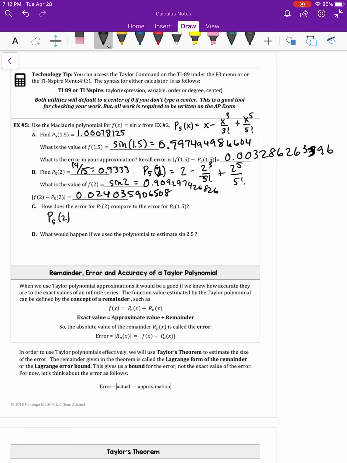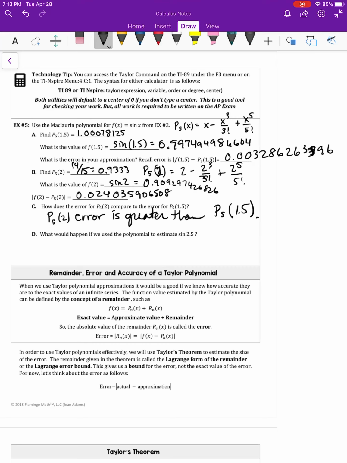How does the error for p sub 5 of 2 compare to the error for p sub 5 of 1.5? So the error for p sub 5 of 2 is greater than the error for p sub 5 of 1.5.